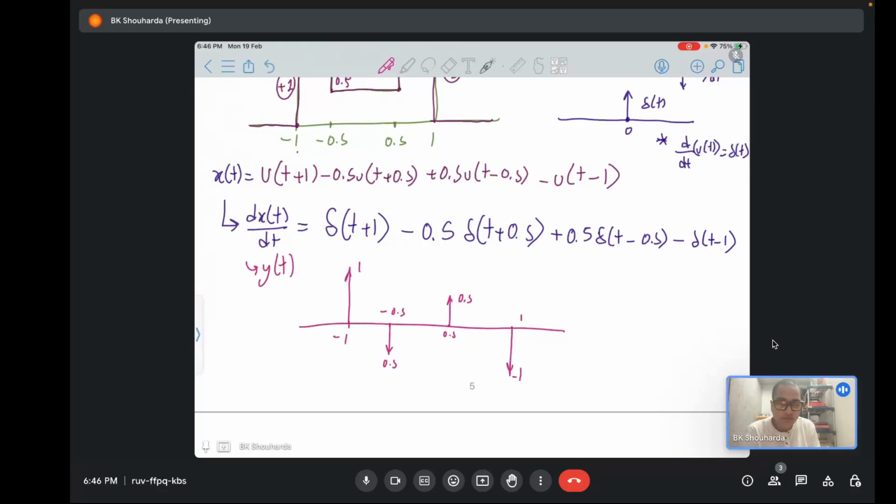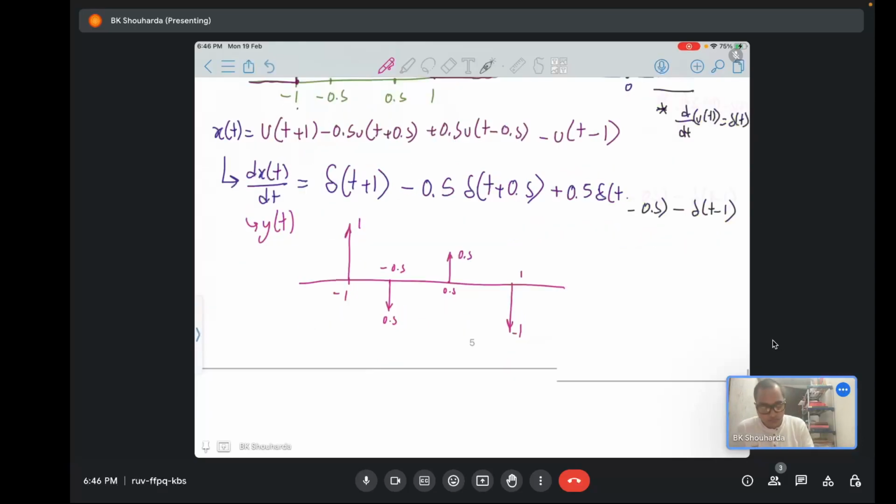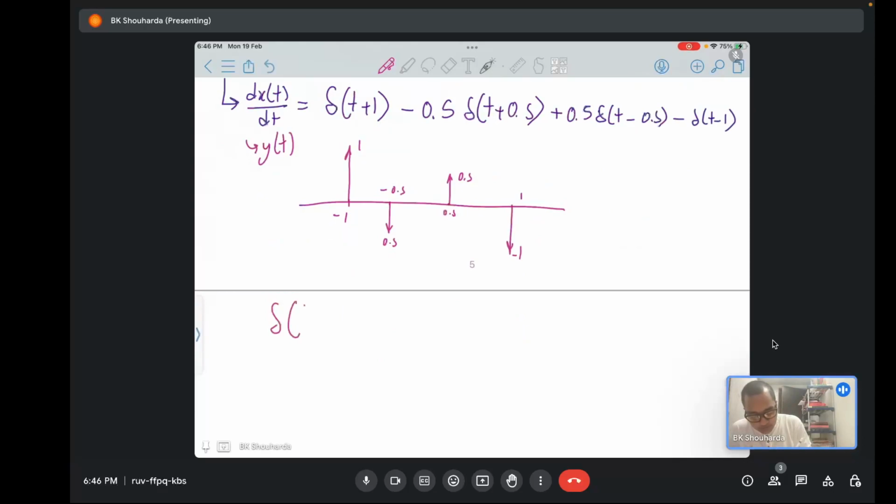Will it be possible for you to find the Fourier transform of y of t? Very easy. We know that the Fourier transform of delta t was 1. We learned it the previous week. So the Fourier transform of delta t minus tau would be how much? e to the power minus j omega tau.